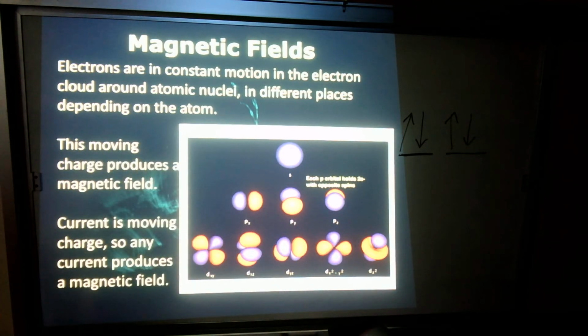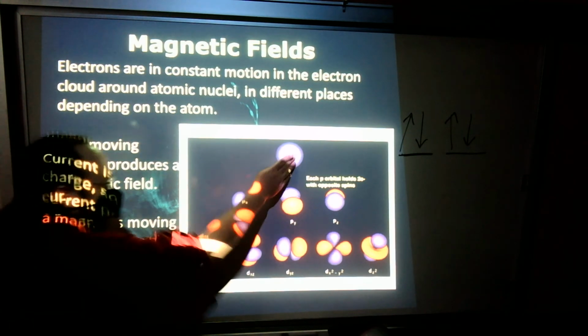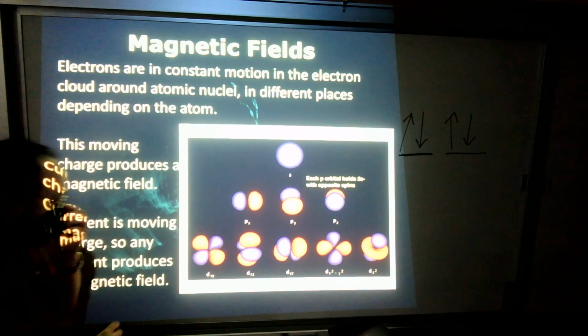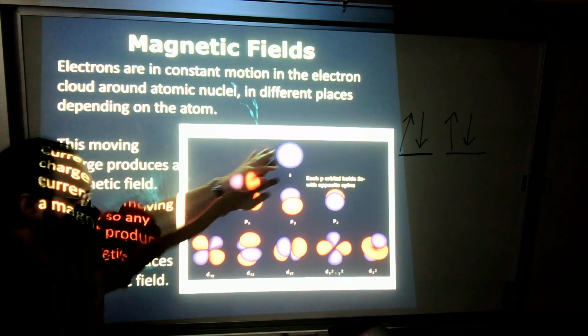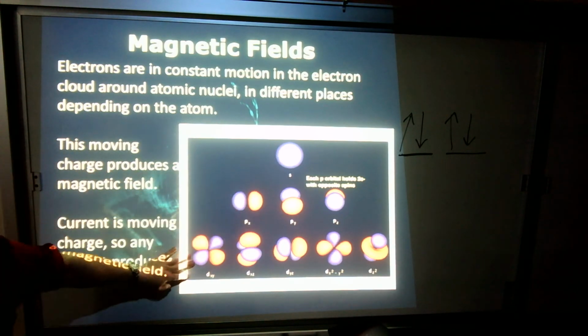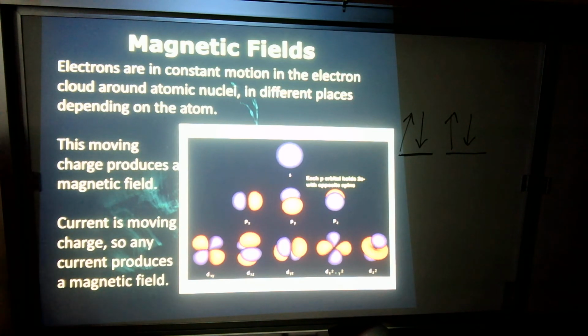So this is a picture of what electrons actually do. It had a picture with little orbits, where it looks like little moons orbiting a planet. That's not how electrons work. They just have a probability of existing within these areas, depending on what kind of atom it is. You remember your S energy level, your P energy level, your D energy level from chemistry? That's what these are pictures of.